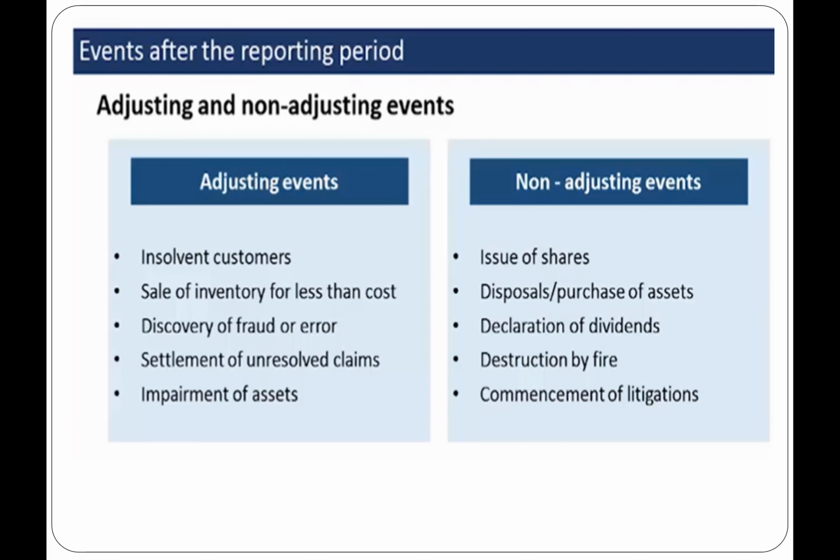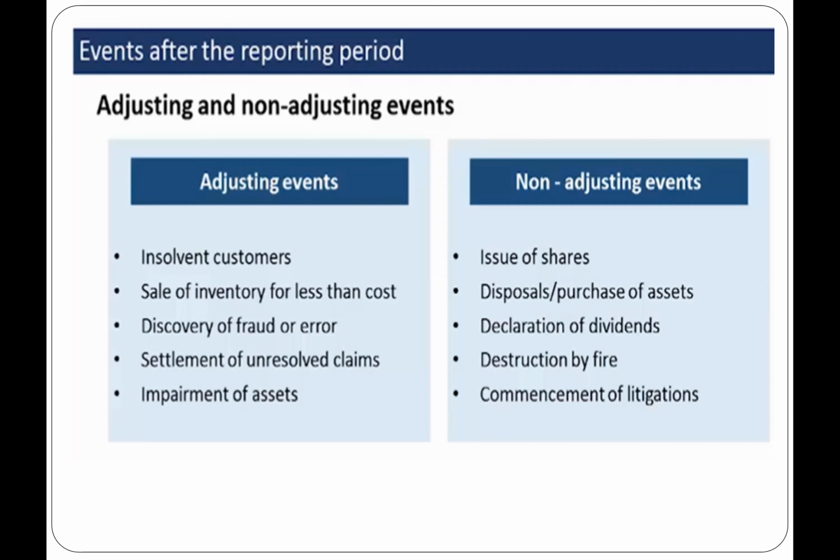So if you determine the recoverable amount after year end, it means you simply go back and adjust the amount so that it shows the recoverable amount if it is lower than the carrying amount of the asset. But I'm sure if you've covered the impairment of assets, you are familiar with this. So those are some of the events that can be categorized as adjusting events from this standard's perspective.